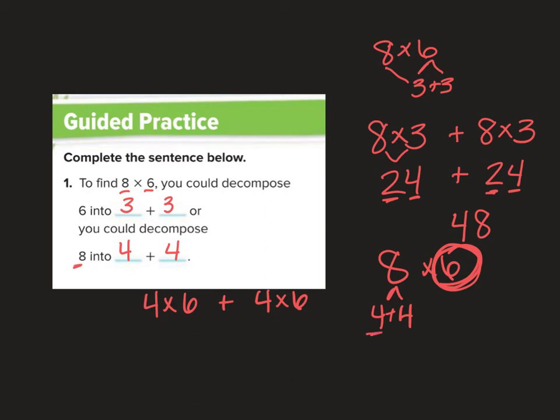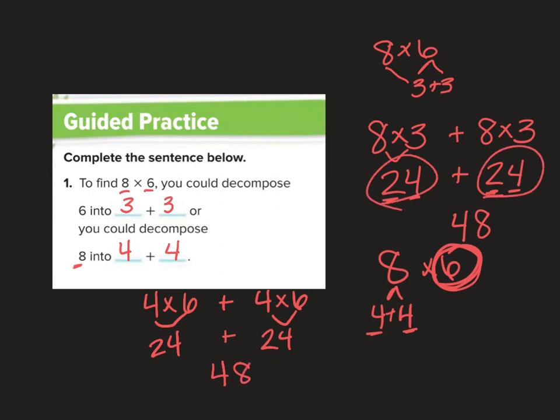And I need to multiply 6 by both 4s, not just one. 4 times 6 is 24 plus 4 times 6 is 24. 24 plus 24 is 48. We did 24 and 24 when we broke it apart that way, and 24 and 24 when we broke it apart this way. We got 48 both times. So that means 8 times 6 is 48.